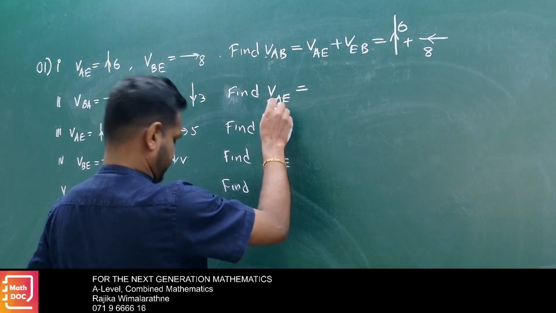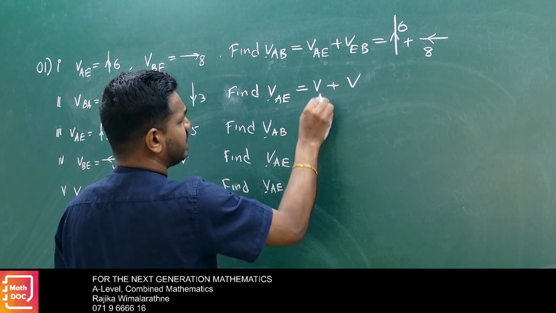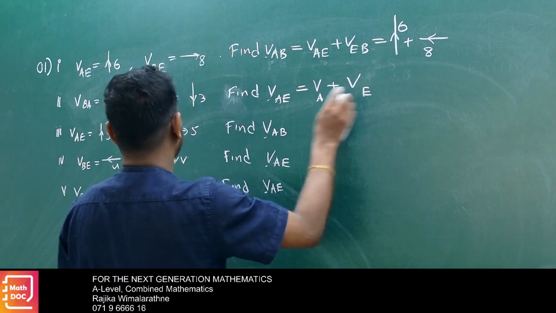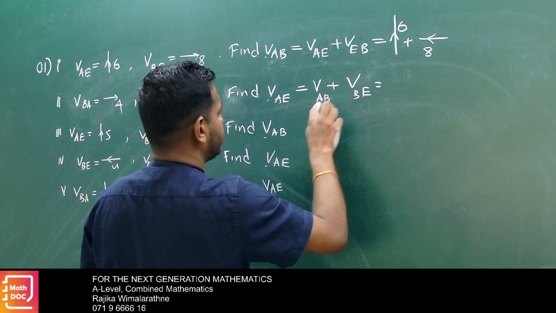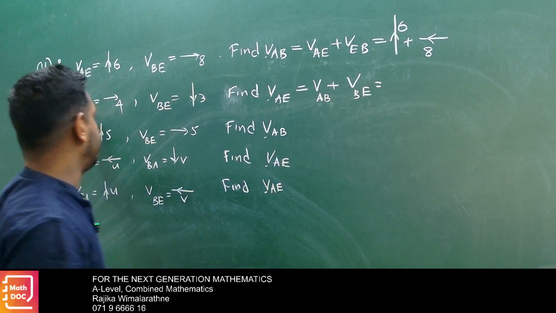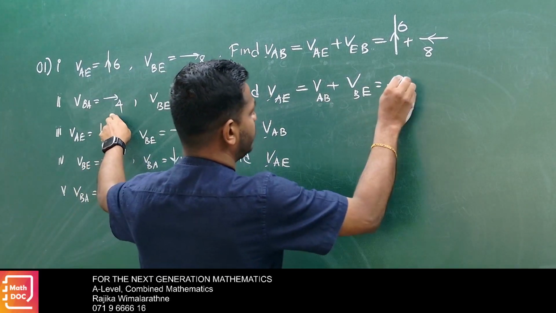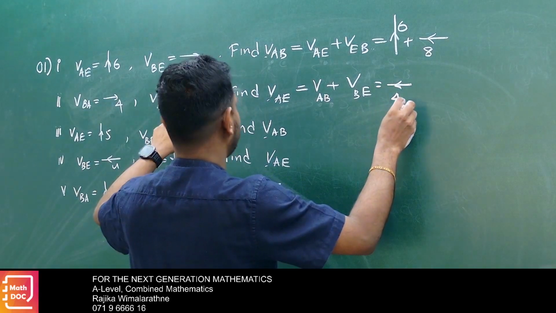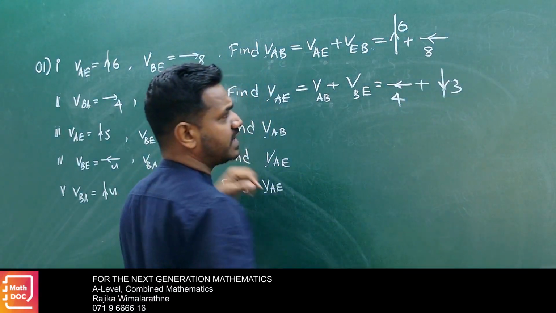Okay, VAE, addition of velocity, start with A, end with E, here the common one is B. Then VBA is given, so VAB means opposite direction, 4. Here BE is downward 3. Then you can find the resultant, no?